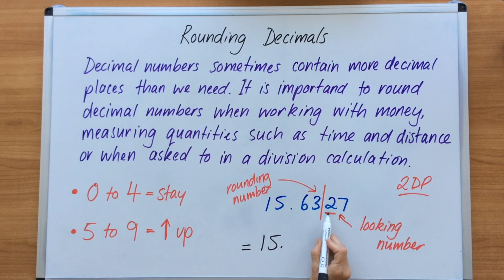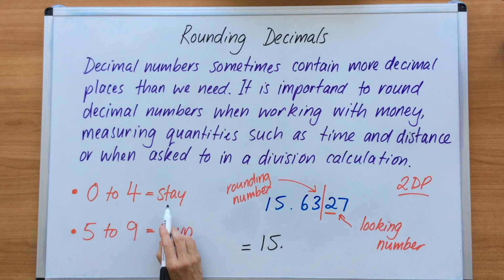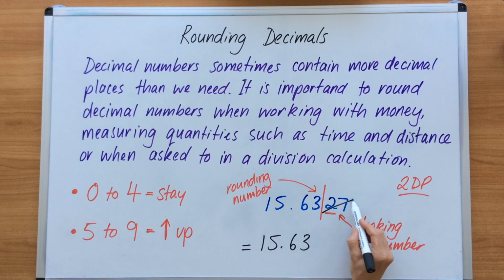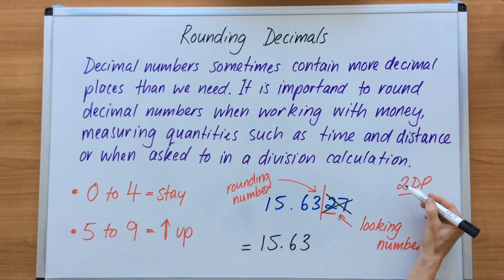The looking number falls in the 0 to 4 category, which tells me that this number will stay. So my answer will be 15.63, and I will not need to round upwards. It just stays the same, and I don't need the 27 because it's asking for 2 decimal places.